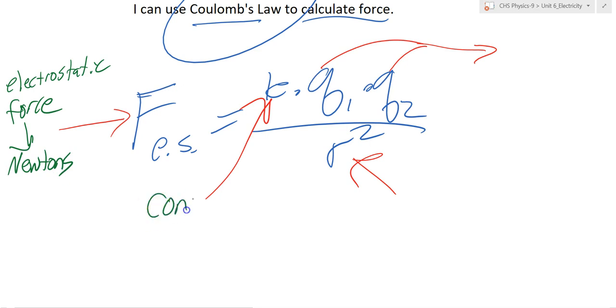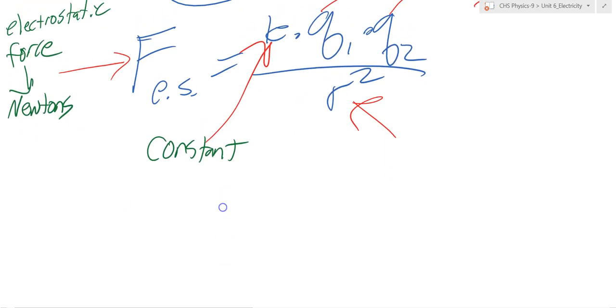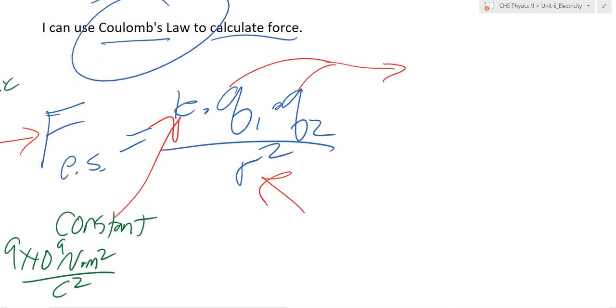K is a constant, and that number is always going to be 9 times 10 to the 9th. The units are newtons times meters squared over coulomb squared. That's your constant.